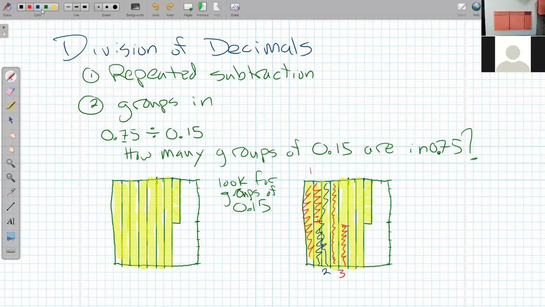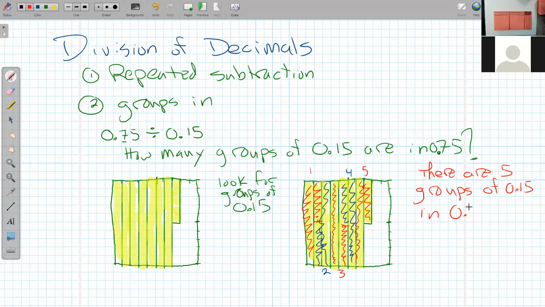So 5 hundredths and a tenth, there is a fourth one, and then I can see the fifth one hiding on the end. So to answer this, there are 5 groups of 15 hundredths in 75 hundredths, period.